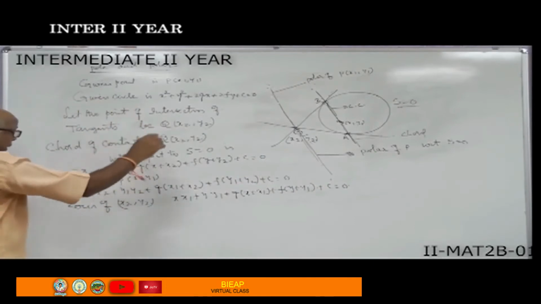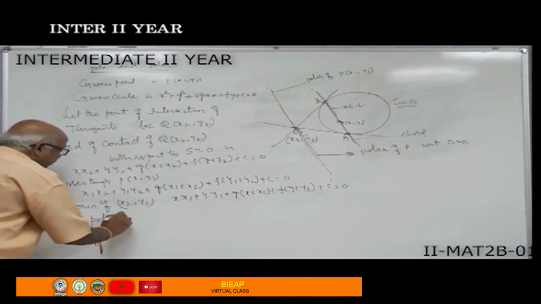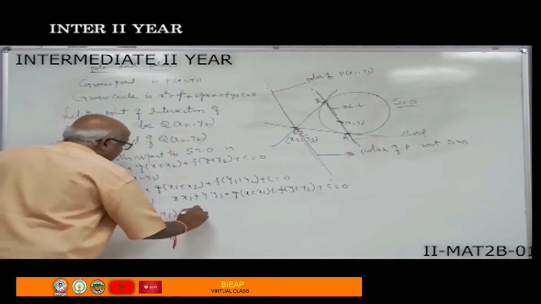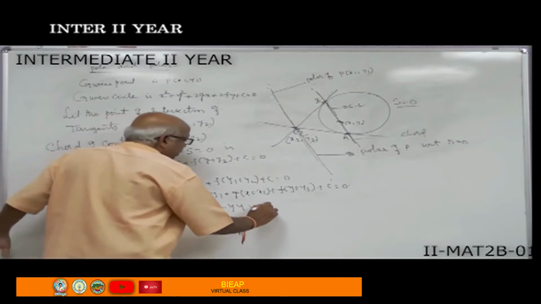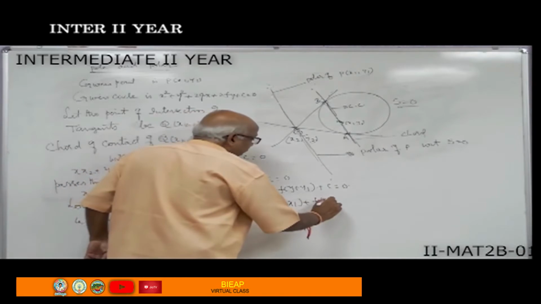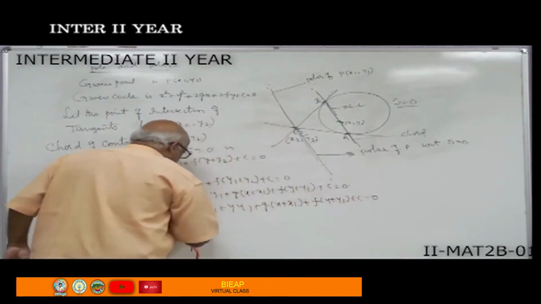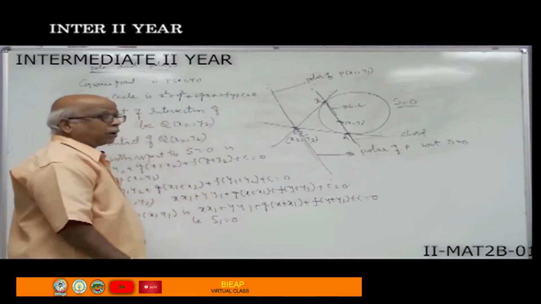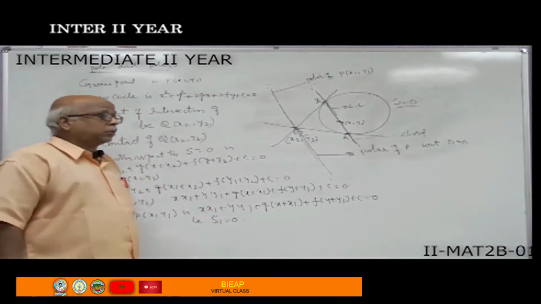Which is nothing but the polar of P. That is, polar of P x1 y1 is x x1 plus y y1 plus g into x plus x1 plus f into y plus y1 plus c equal to 0. That is S1 equal to 0. Polar of P x1 y1 formula, S1 equal to 0.